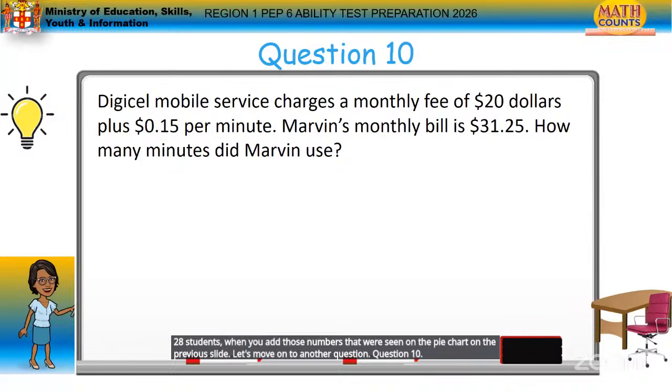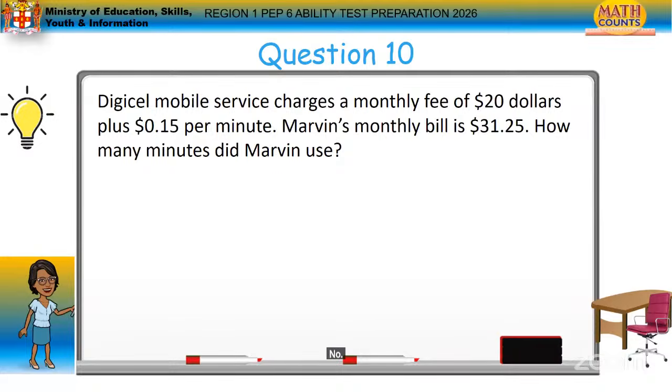Now, the question says, Digicel mobile service charges a monthly fee of $20 plus 15 cents per minute. Marvin's monthly bill is $31.25. How many minutes did Marvin use?